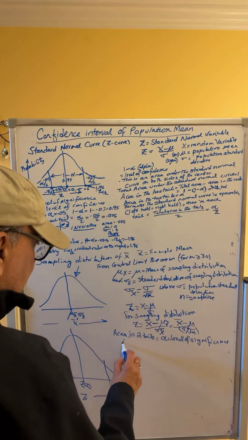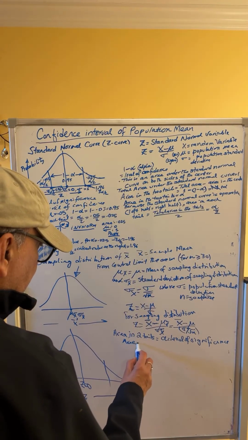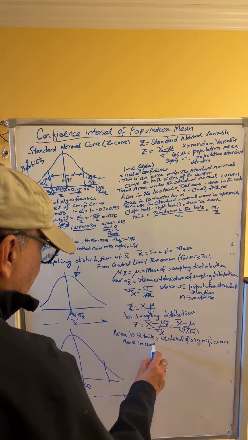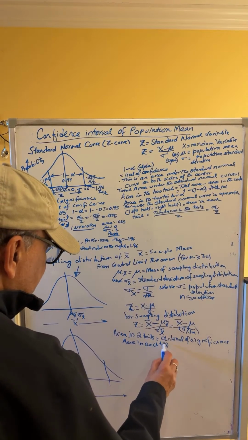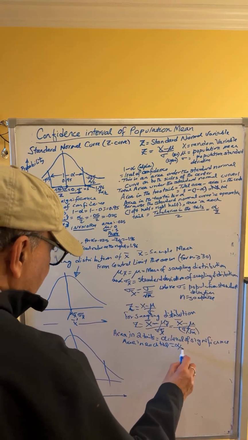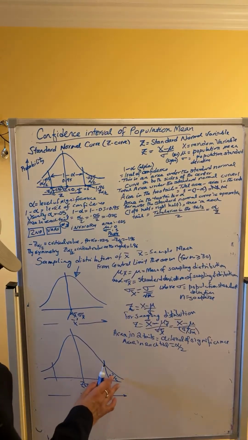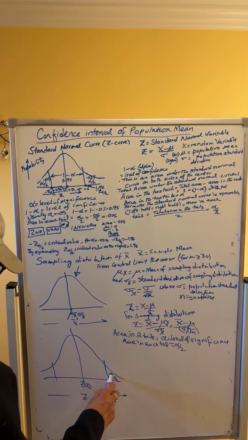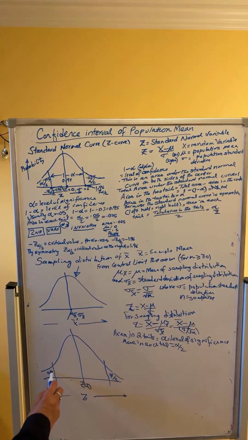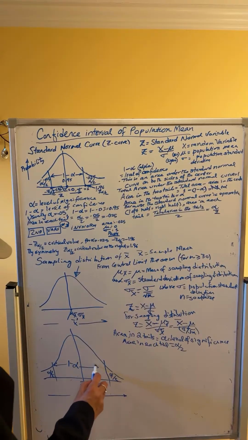Okay, area in each tail, we also discussed that just now, is alpha by 2. So this is alpha by 2, this is alpha by 2, this area is also alpha by 2. Area in the center is 1 minus alpha.